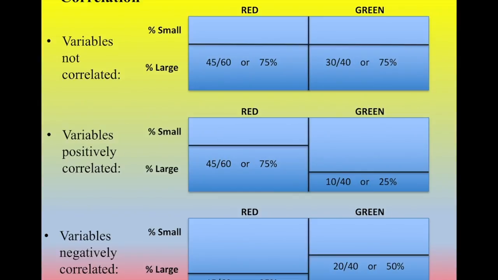It just so happens that because each proportion, large red and large green, adds up to 75%, the same proportion, these two lines look like one continuous long single line all the way across.